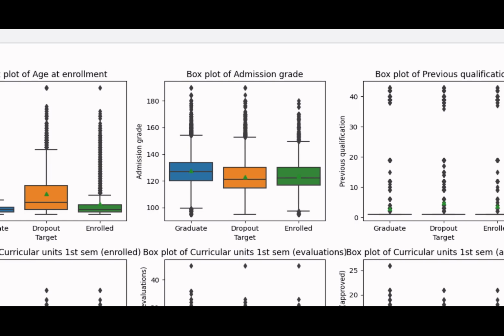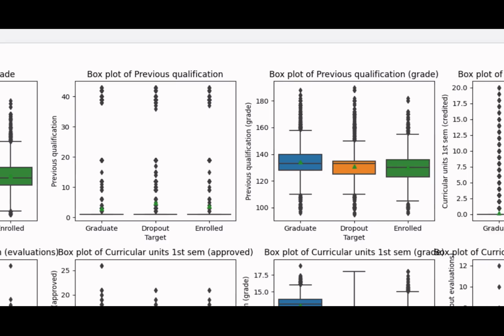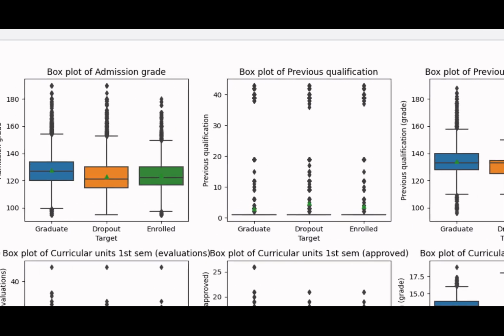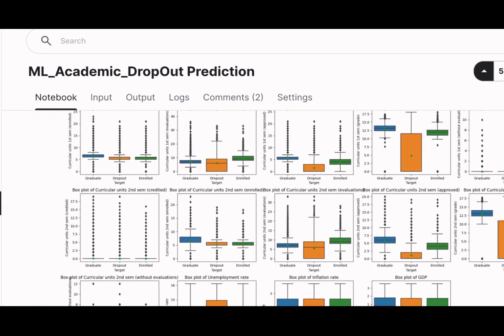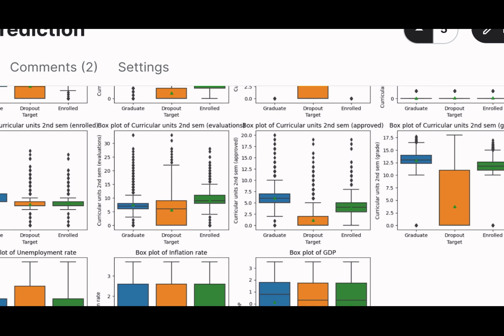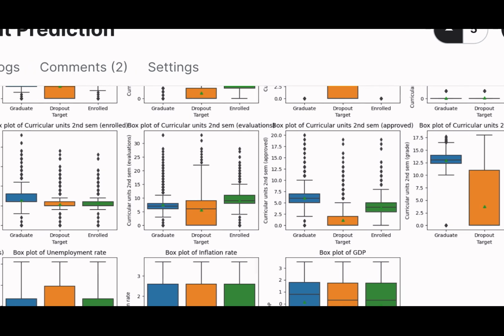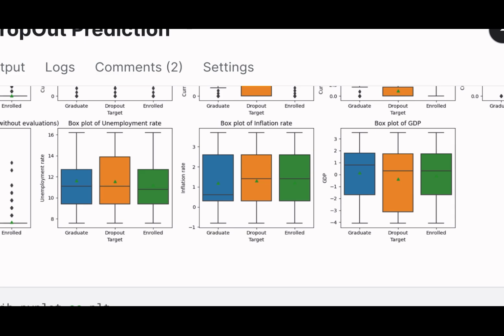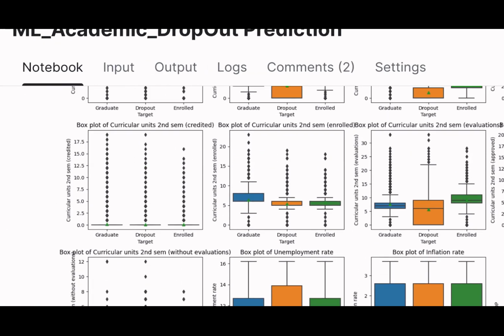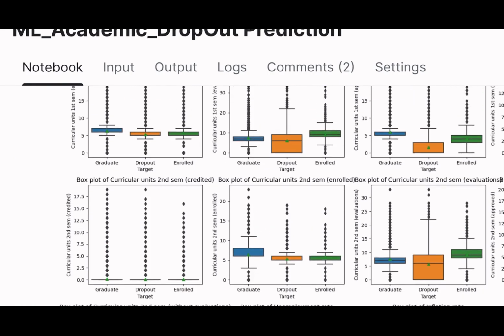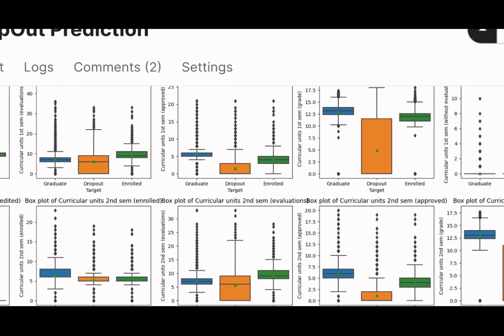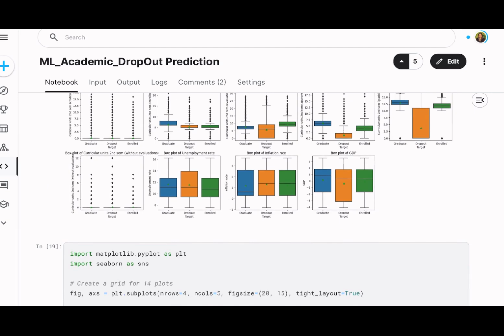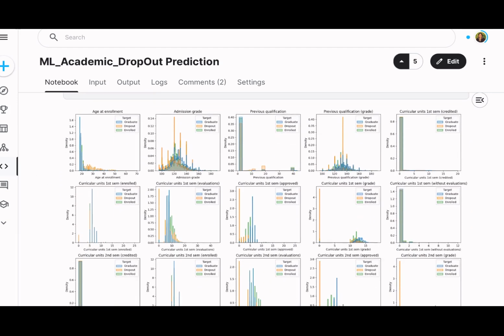So this does not add much to the interpretation, but we do get an insight into where these scores are showing a huge deviation. So for example, if we see these scores, curricular units second semester approved, here the median values of dropouts are lower, and similarly for some other plots also. So it's more or less, we are trying to see the box plots, but not much comes out of these box plots.